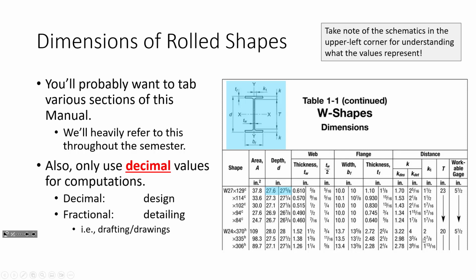If you're out in the field with a W27 by 129 and you pull a tape measure, ask somebody how deep it is, they're going to say 27 5/8, because if you've ever used a tape measure, you call it on the closest tick mark. But for the purposes of design, that's what we can hang our hat on to do calculations. So if you're doing a homework problem and I see 27 5/8, I'm going to say, nope, that's wrong. For calculations, you need to be using the design values, not the detailing dimensions.